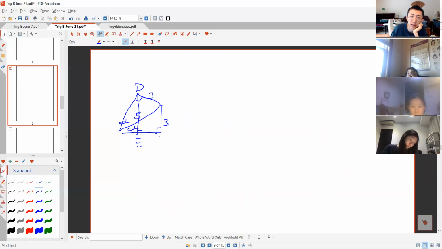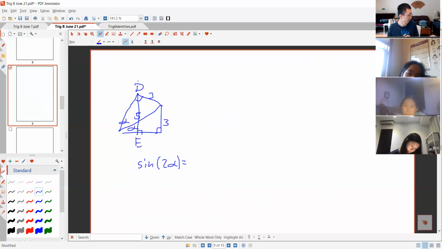So how can we find an expression for sine of 2 alpha? How can I rewrite the 2 alpha? Alpha plus alpha.